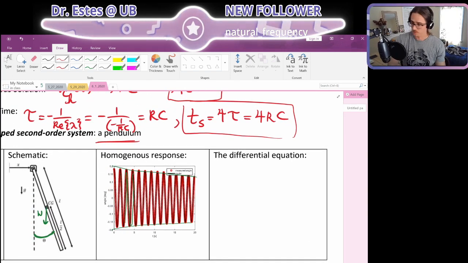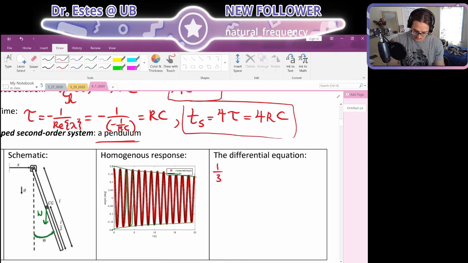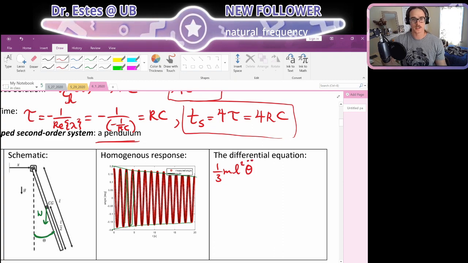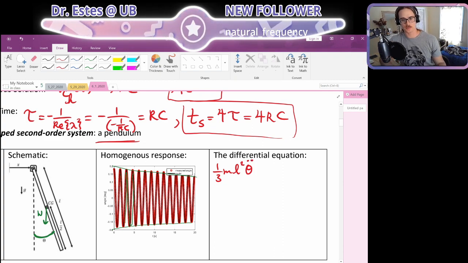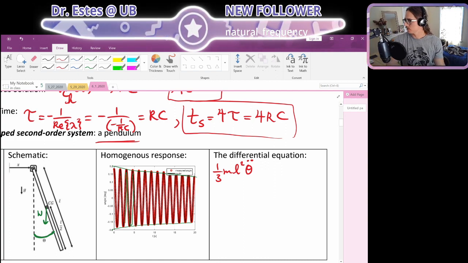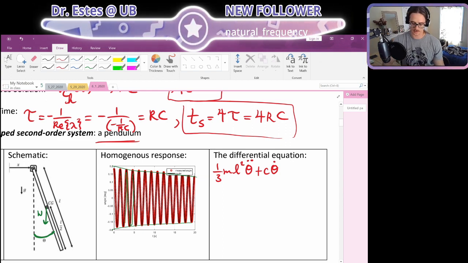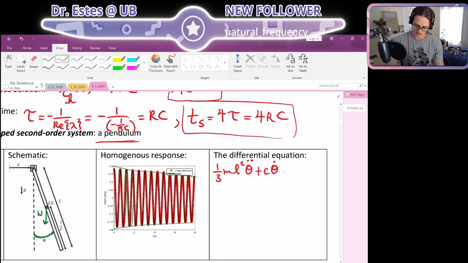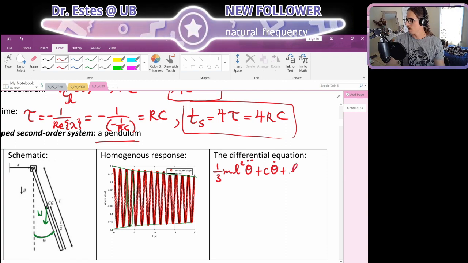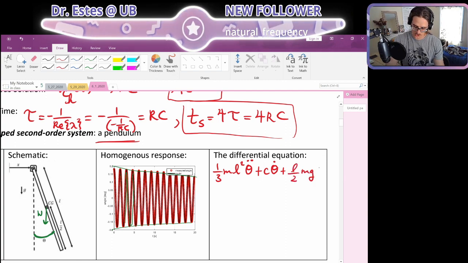This one's going to be second order. 1/3 ml squared theta double dot. So that's the second time derivative of the angle of the pendulum, plus c times theta dot, that's like the friction in the system, plus L over 2 mg times theta equals 0.